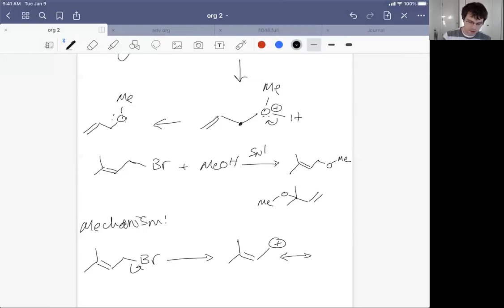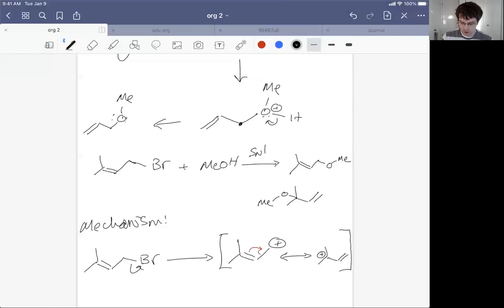But we can actually move that positive charge using resonance to the other side. We'll put our arrow on the electrons, shift them over one carbon to push the positive charge over on the left side. Because we have substitution, these resonance structures show that adding to the left or the right carbon makes a difference. And these resonance structures show that it's possible.